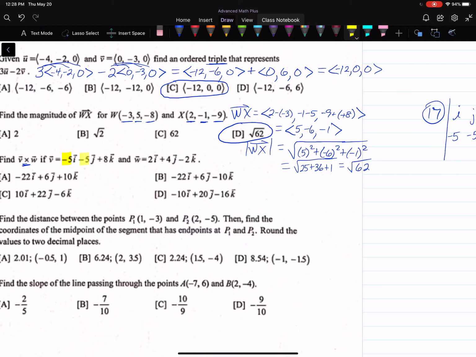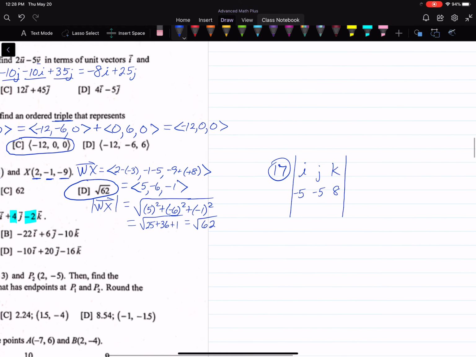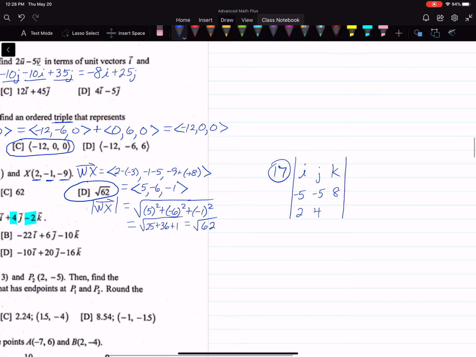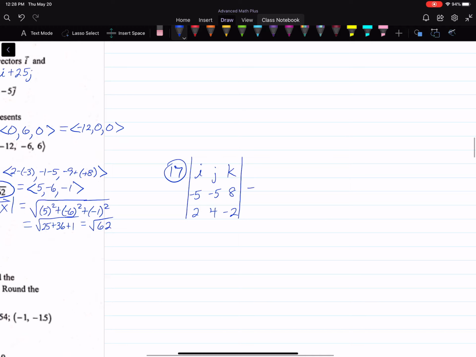Okay, and then my last row is going to be 2, 4, negative 2. And if you've forgotten how to do it, we let each row cancel each other out.